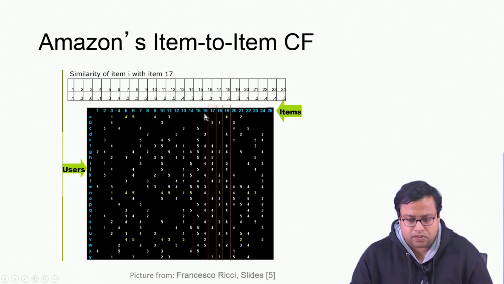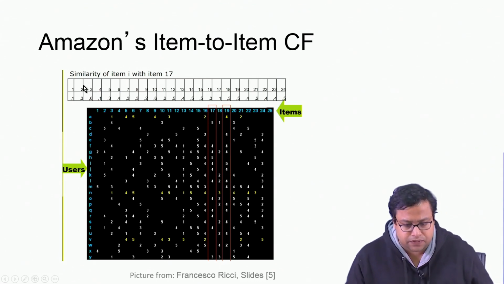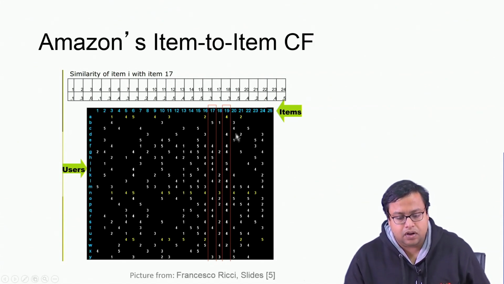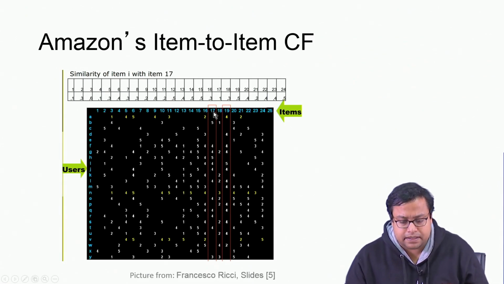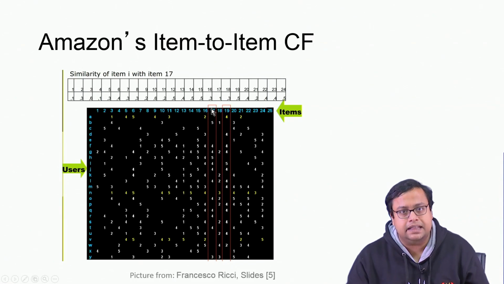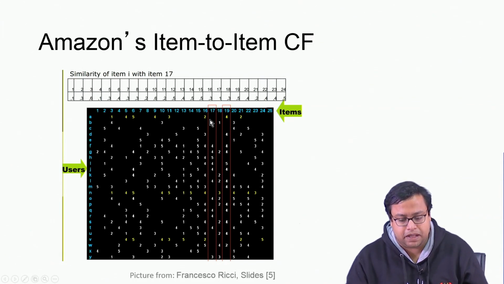Here 25 is actually missing. These values that you are seeing here are basically the number of purchases that have been made. So, for now 17: 0 5 0 0 0 4 4 4 4 4 etc. So, this particular product 17 has been bought by these people.